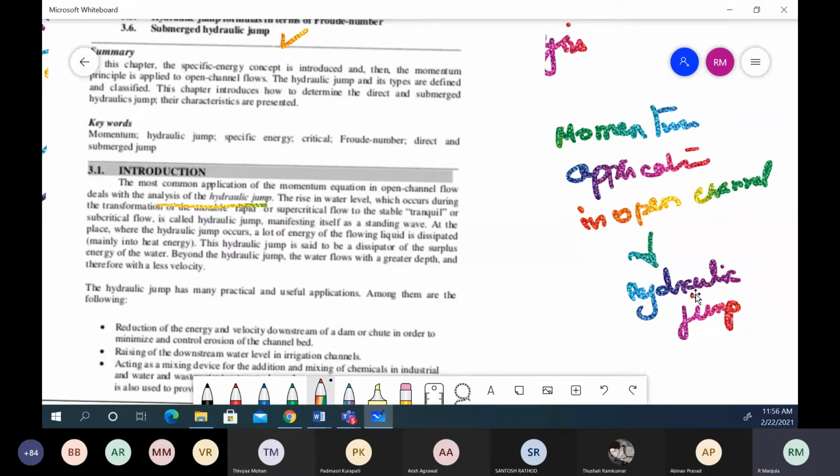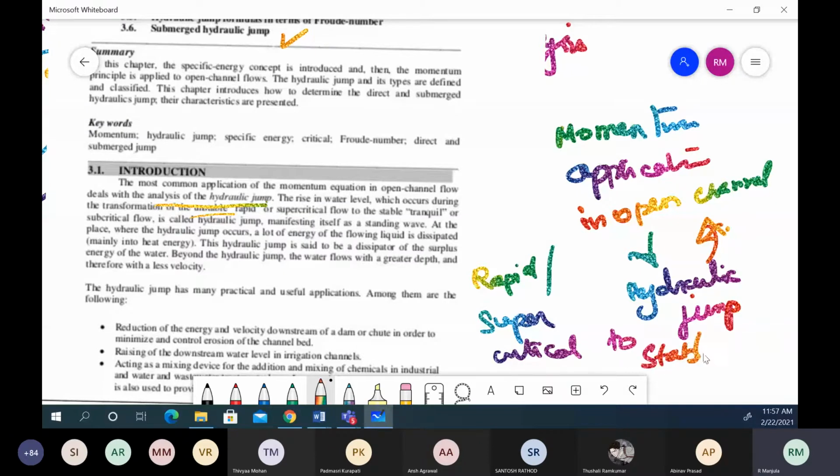Now, why does the hydraulic jump occur in open channel flow? It occurs when there is a transformation from unstable rapid flow or supercritical flow to stable or tranquil flow, which you can also call subcritical flow.